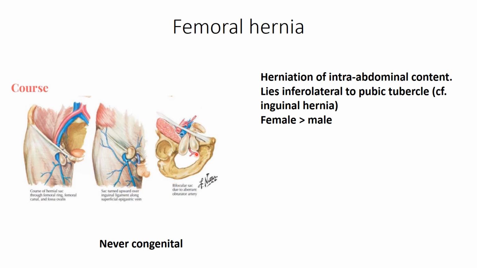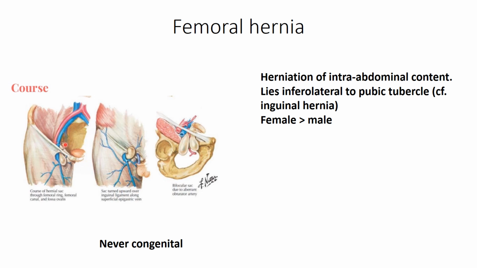In case of female, the pelvis is wider and the vessels are of smaller caliber, and the iliopubic tract from the abdominal portion has a narrow insertion. Because of that, finally there is more space in the femoral canal.